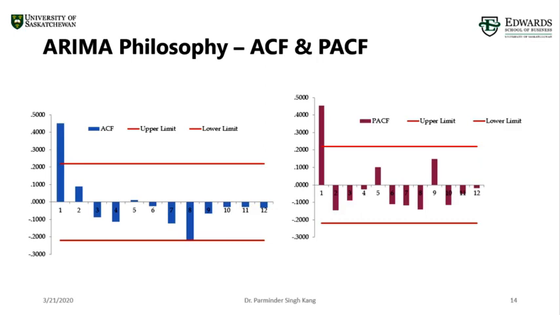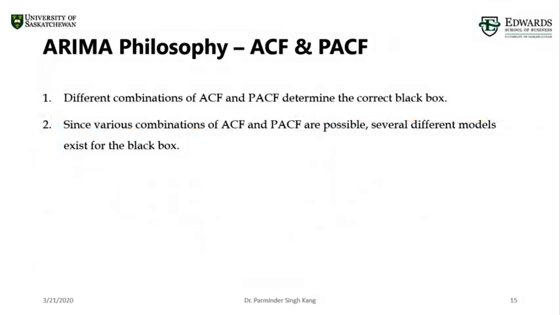So we have looked at the I component, or the integrated component. In this case, we're going to say that the value of D is going to be 1 because we have only taken the first difference. If we have taken two differences, then the value of D is going to be 2, right? So keep this in mind as we're moving forward. So the value of D is going to be 1 for our ARIMA model for the GDP time series. So now further we're going to investigate both plots.